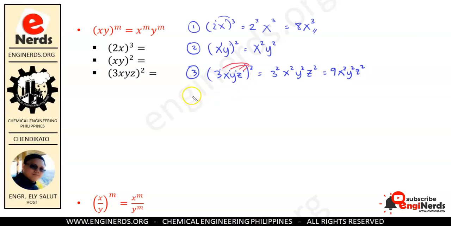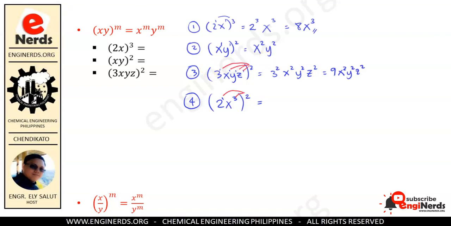Okay? So, I will give you an additional example. So, let's say you have 2x cubed raised to the exponent of 2. So, we know 2 has an exponent of 1, okay? So, like I said, we distribute it by multiplying the outside exponent by all the exponents inside.